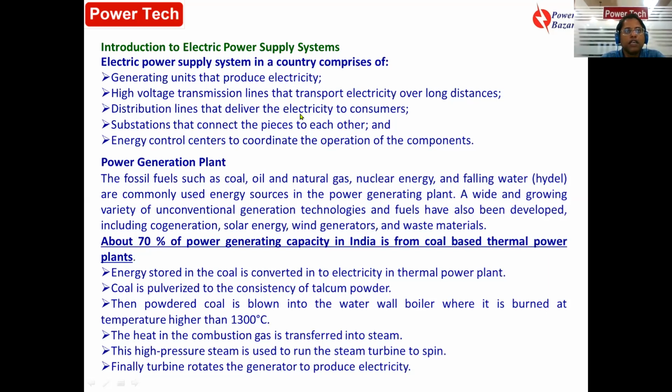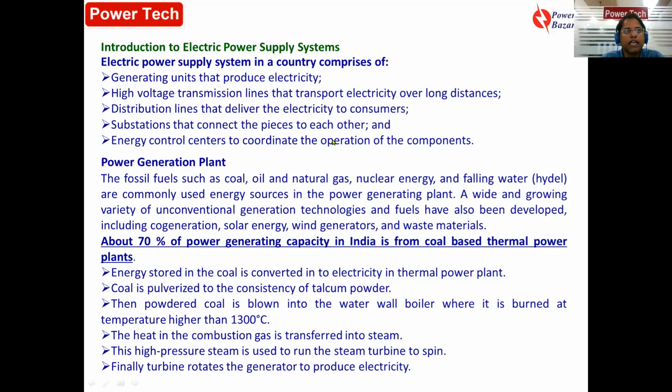That means there are 5 major components. One is generation, where the electricity is generated, might be a thermal power plant or a hydro power plant or a natural gas power plant or a nuclear energy based power plant. So first is generation of electricity.